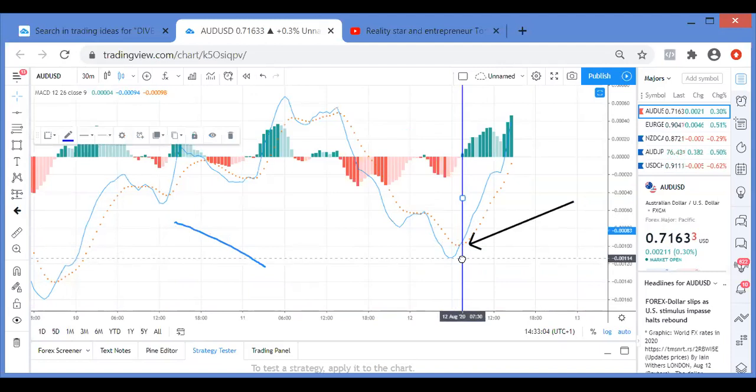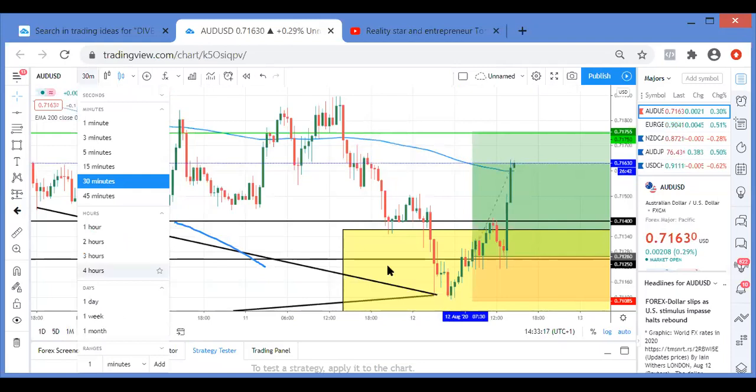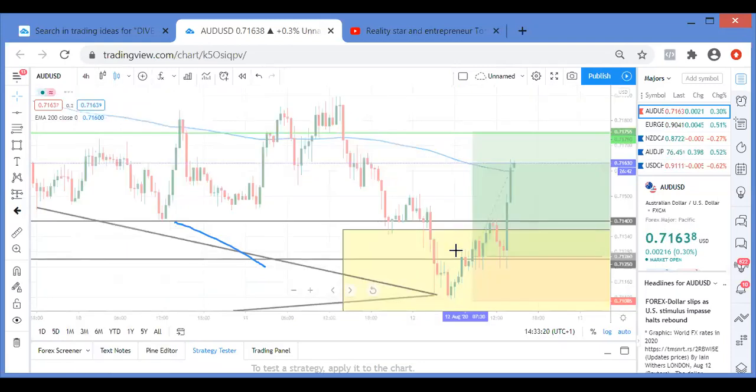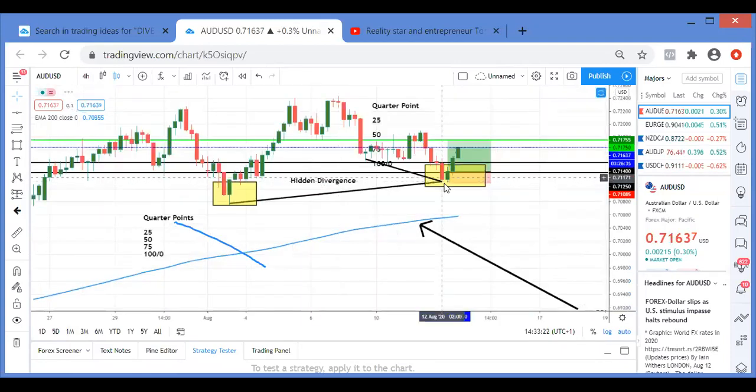No, I don't say reversal. This is not reversal. This is retracement. So I'll show you. If I go to the 4 hour again, can you see how the market has come up and come down?